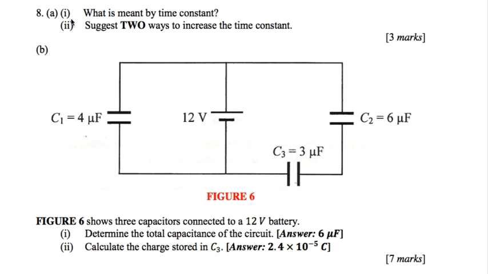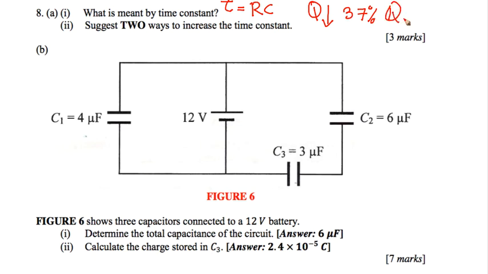Hello, number 8. What is the meaning of time constant? So time constant is tau. By definition, the time constant is the time taken for the charge on the capacitor to decrease to 37% of its initial value.